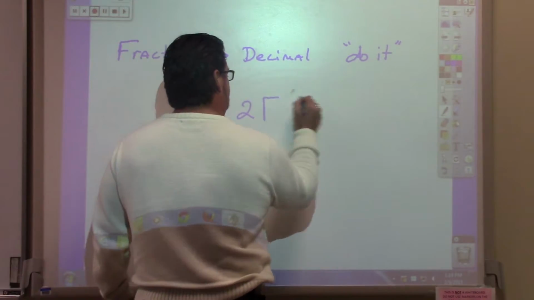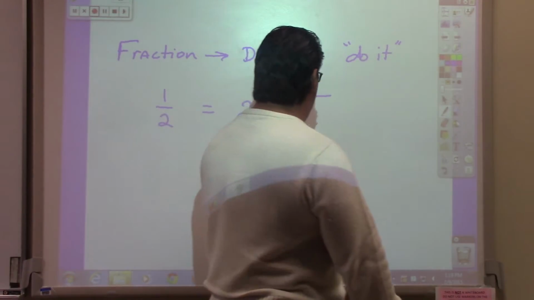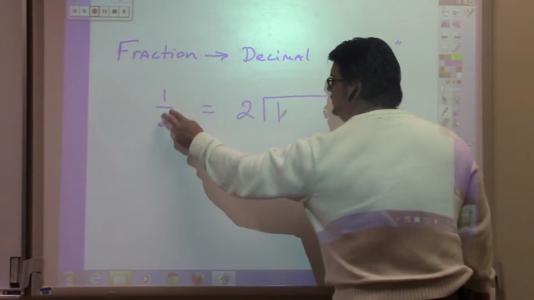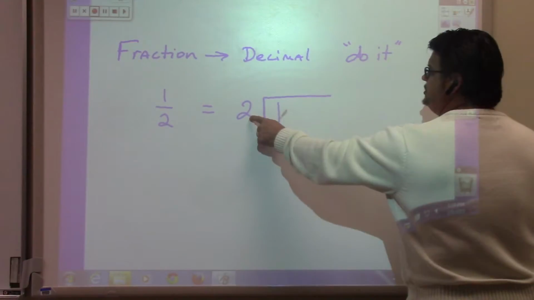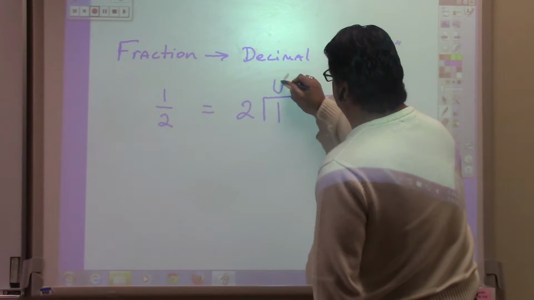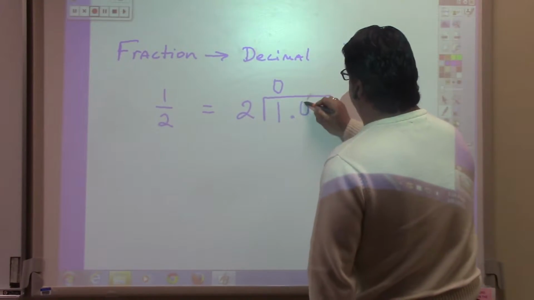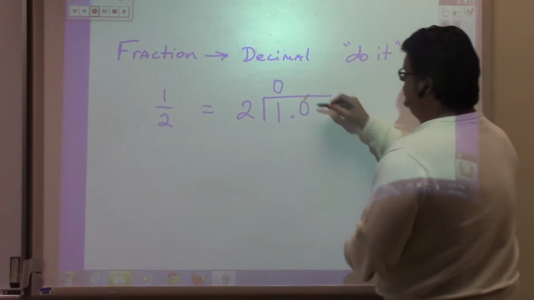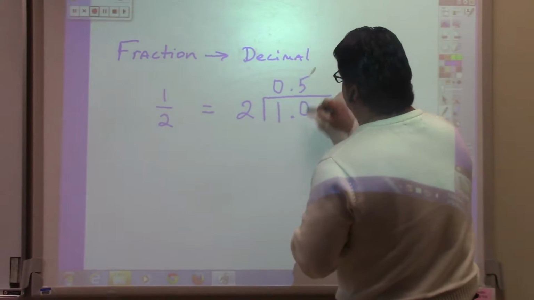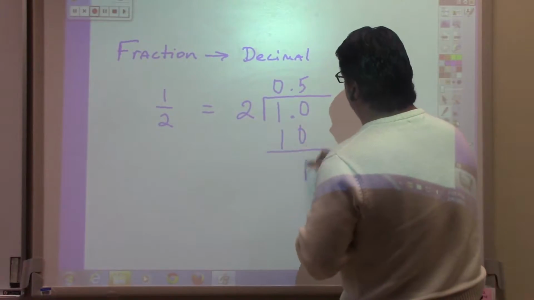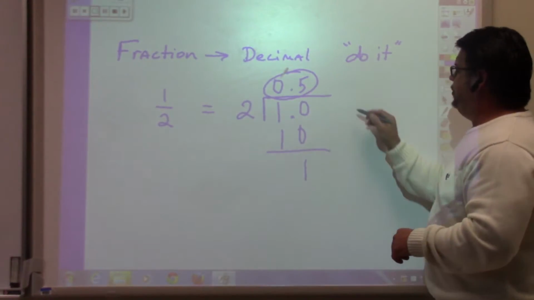I'm doing exactly what this says. 1 divided by 2. 2 will go into 1? It will not go into 1. So you put a decimal here and you add a 0, and then you put a decimal there. 2 will go into 10 5 times. And there's your decimal.